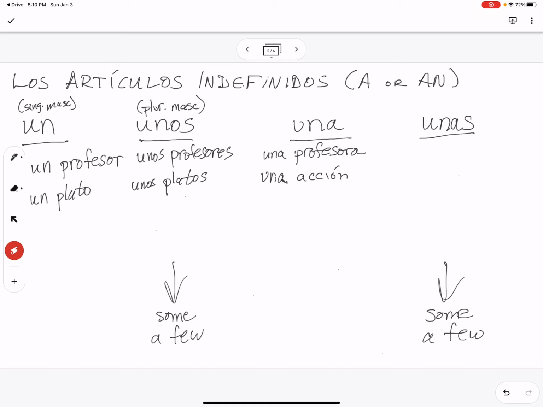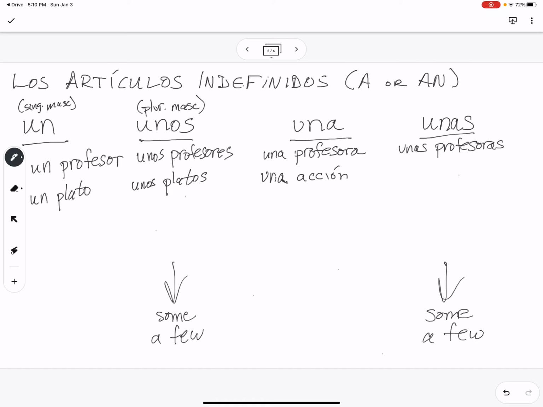So if you needed to talk about these in the plural, yesterday I was going out into the parking lot and I saw unas profesoras talking out in the parking lot.